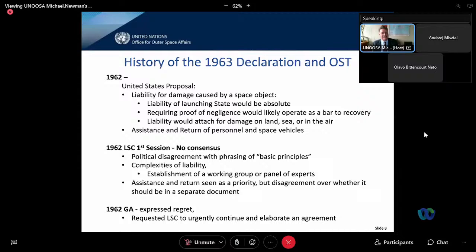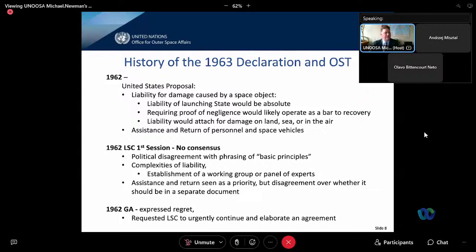On the assistance and return of personnel and space vehicles, we see that these two proposals would find their way into entirely new instruments, while they find their way, of course, into the Declaration and into the Outer Space Treaty.